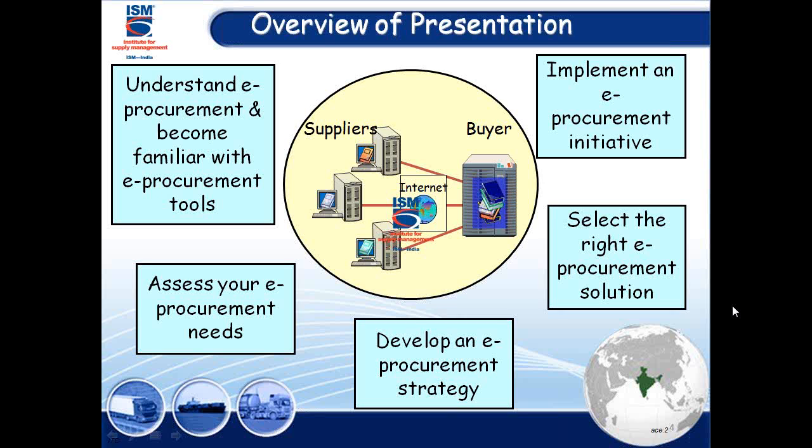So as you can see, we're going to talk about understanding e-procurement and becoming familiar with e-procurement tools. Which are the e-procurement tools? Assess your e-procurement needs. Develop an e-procurement strategy. Then the next one, select the right procurement solution. And last but not least, the e-procurement initiative, how do I implement it?